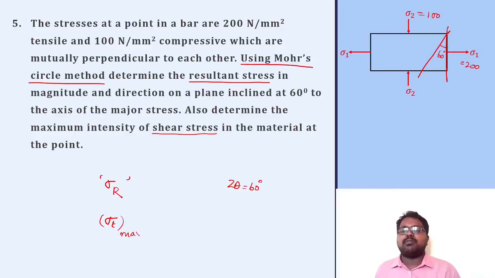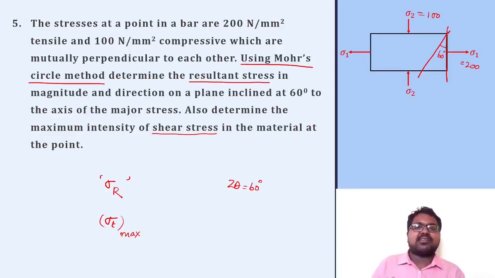Before drawing the Mohr's circle, we must take an appropriate scale, like 1 centimeter equal to 10 Newton per mm square or 1 centimeter equal to 100 Newton per mm square, and draw the figure.